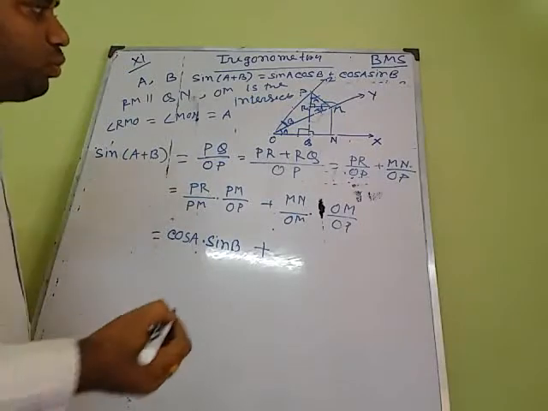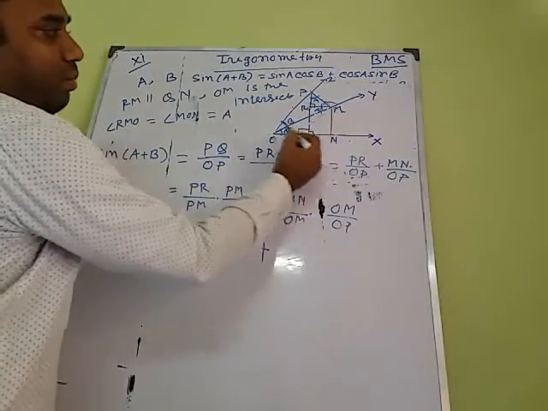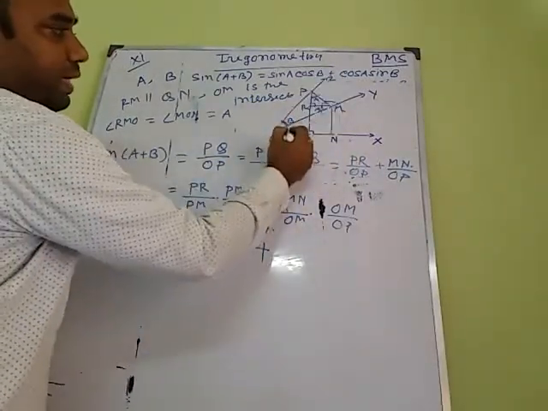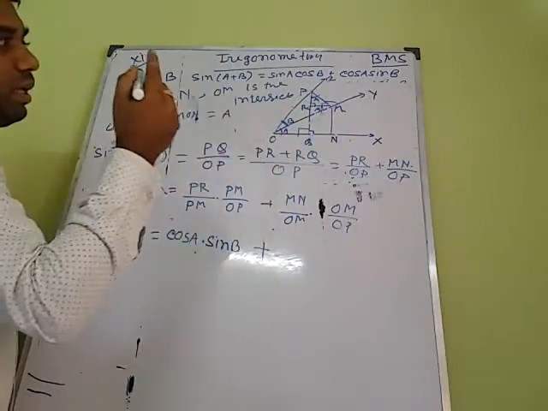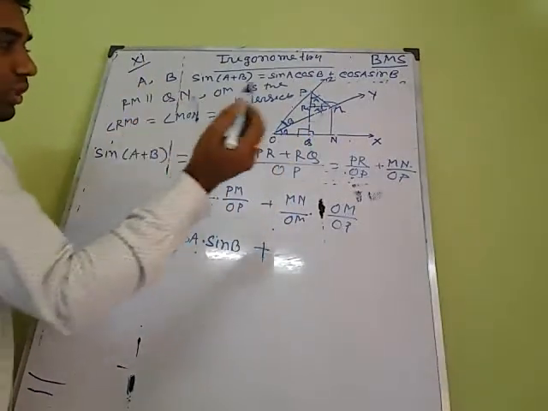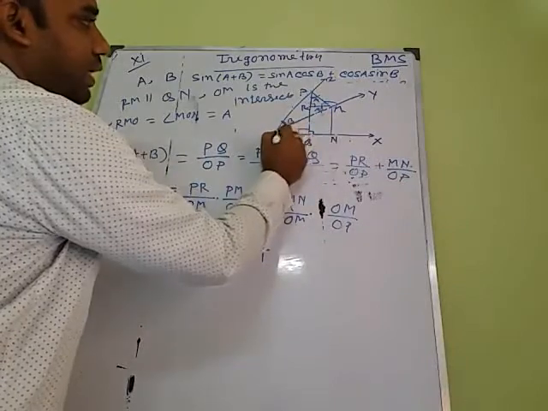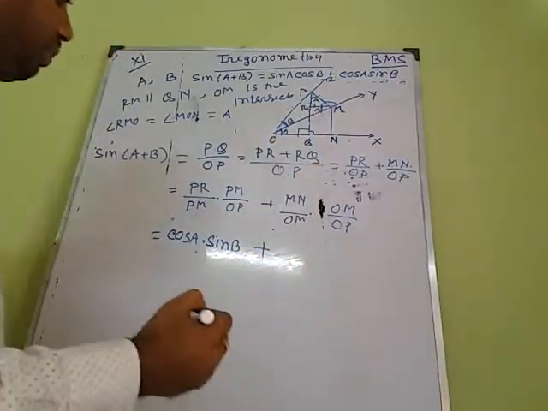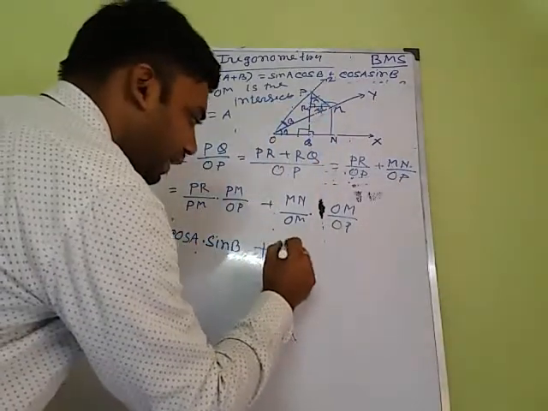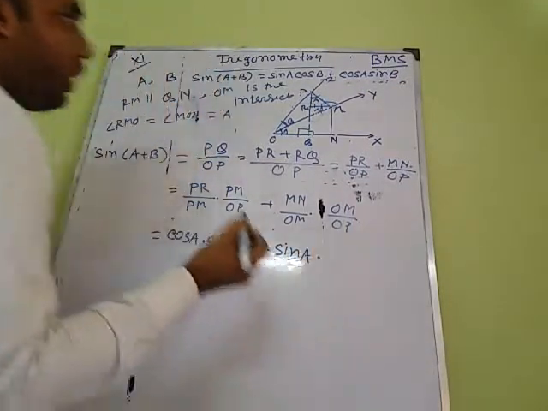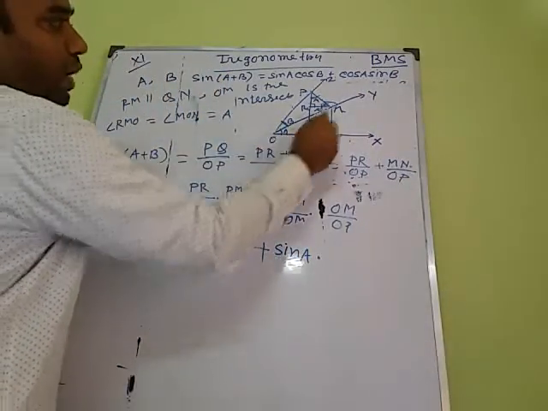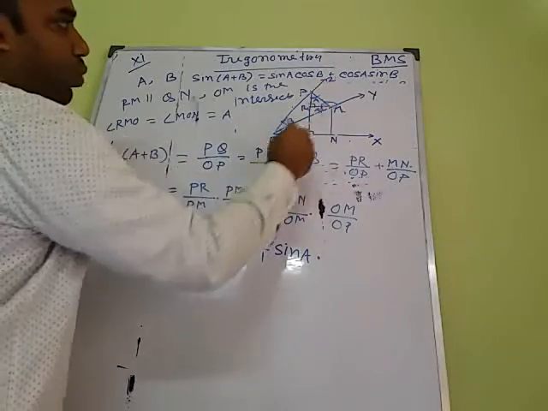Again MN by OM, take that angle O, that is perpendicular, sorry students, MN, this angle, that is perpendicular by hypotenuse, that is also sine A, into OM by OP.